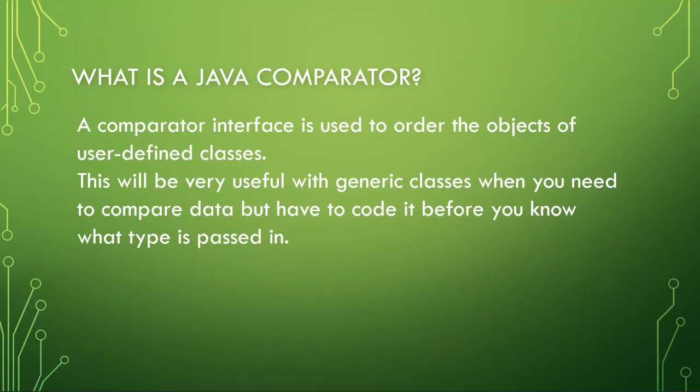So a comparator interface is used for objects of user-defined classes. This will be very useful with generic classes when you need to compare data but don't have the code beforehand for those specific types. If this is, say, a student or a person class and there are more complex ways to compare, you can still write your generic data storage class, and if you need to do comparisons like sorting and ordering, you can just say, I need a comparator to do this.